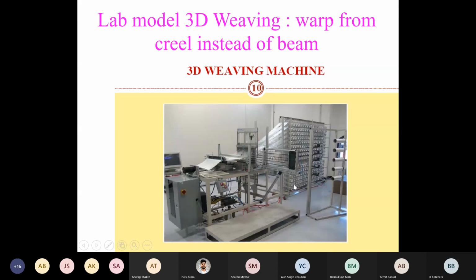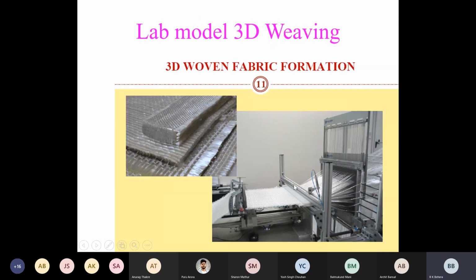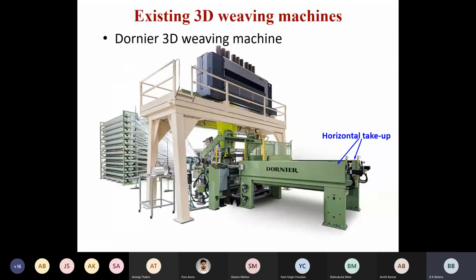So what are the other specialties of this 3D weaving machine? First, warp is number one. Try to remember. Number one, warp yarns are supplied from a creel. So when I am saying warp yarn, both stuffer as well as binder.